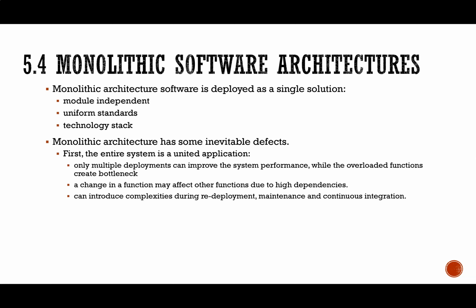But monolithic architectures acted as a united, single application, which meant that if you needed to improve performance, you had to have multiple deployments of the same application, which created overload and bottlenecks, and so it was not very efficient.